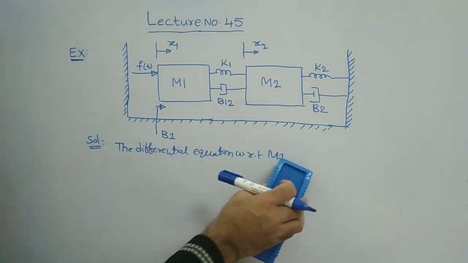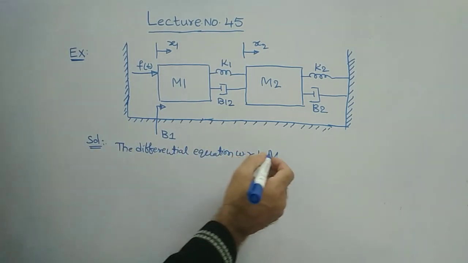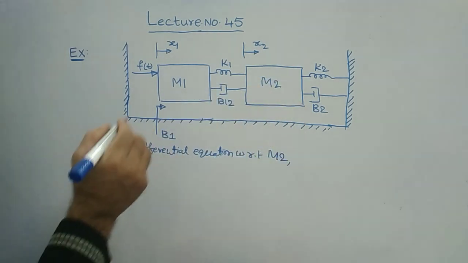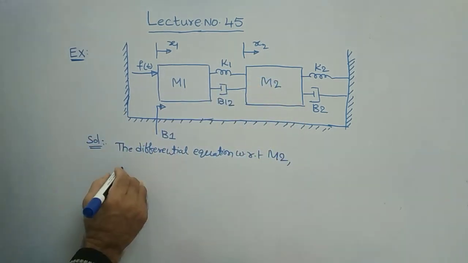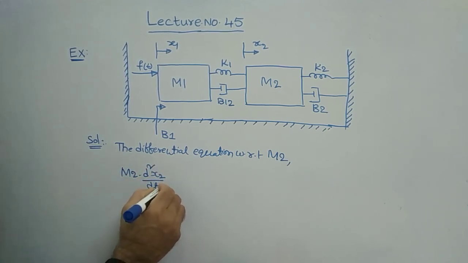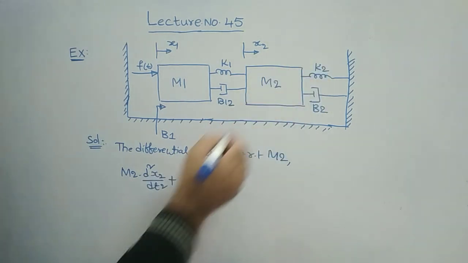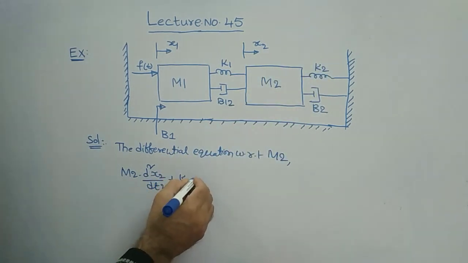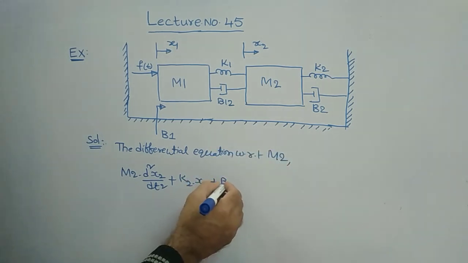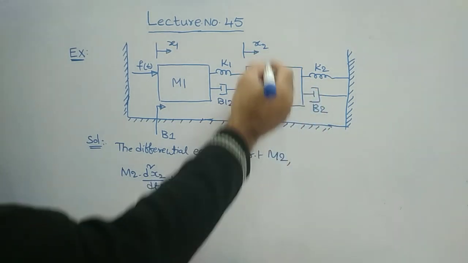It is m2 d square x2 by dt square plus k2 x2 plus b2 dx2 by dt.